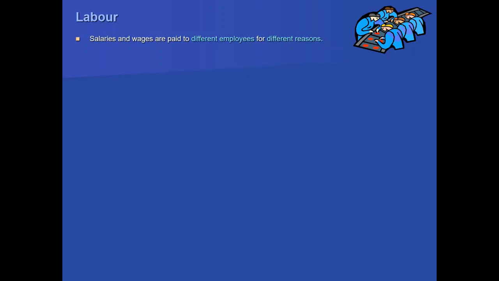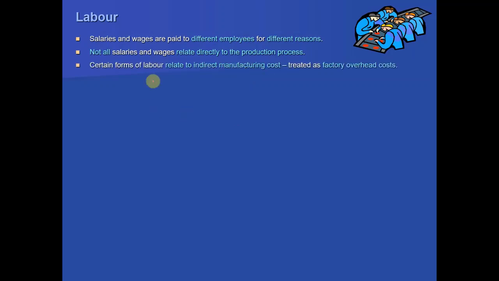Labor. Salaries and wages are paid to different employees for different reasons. Not all salaries and wages relate directly to the production process. Certain forms of labor relate to indirect manufacturing costs, treated as factory overhead costs.